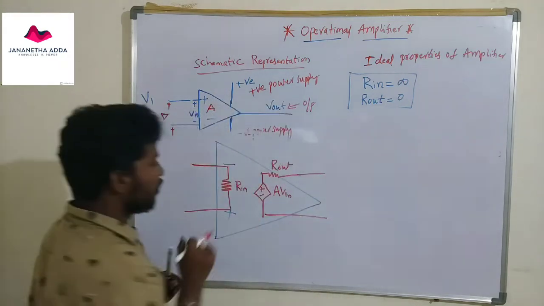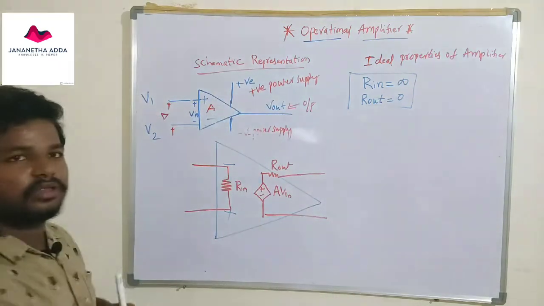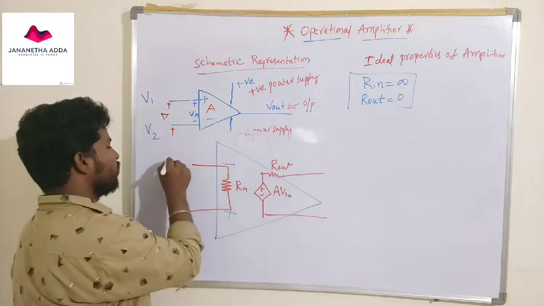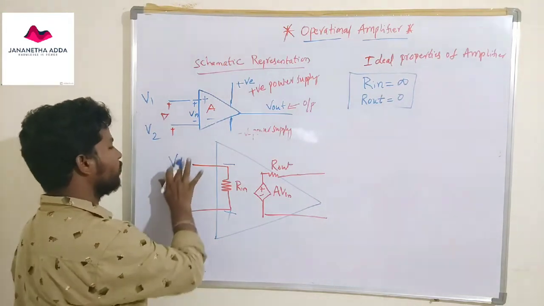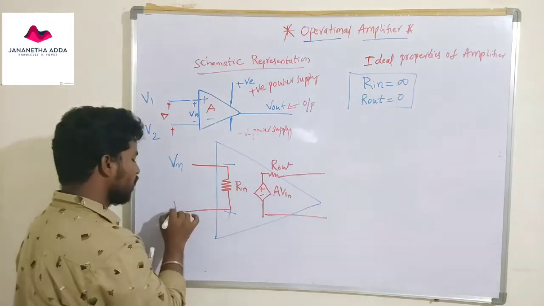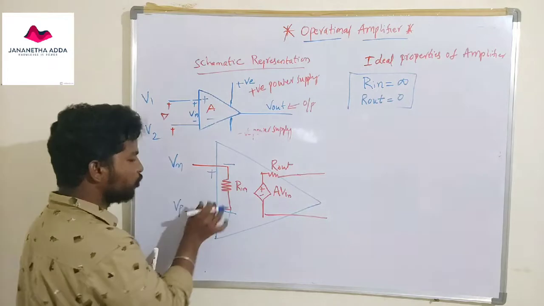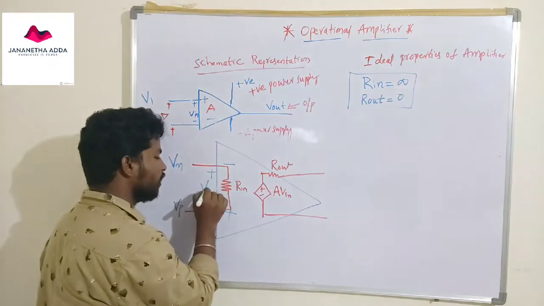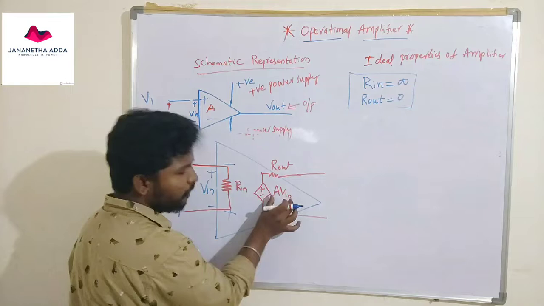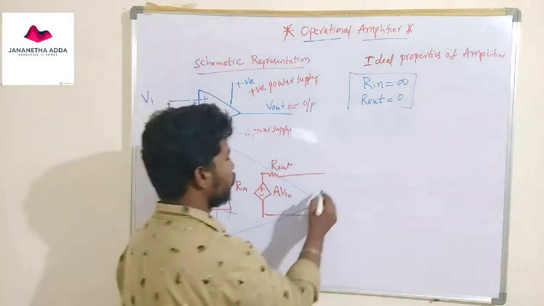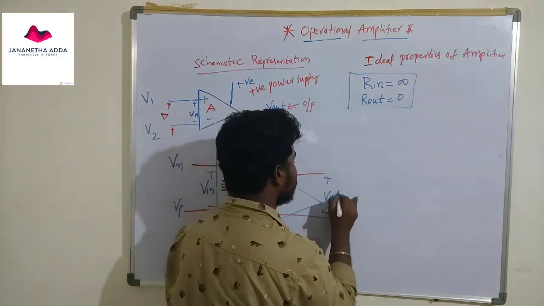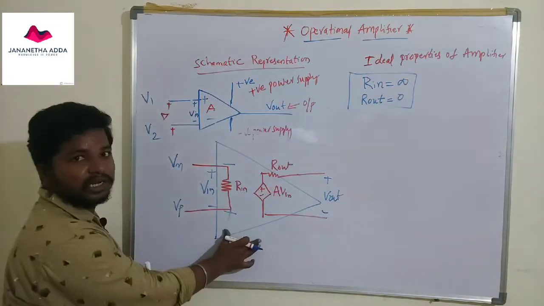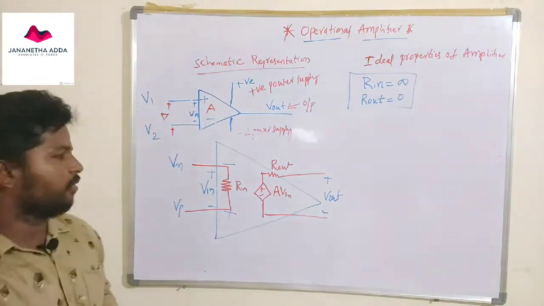This takes the differential input Vin, amplifies it, and produces our output. This is our electrical representation of the operational amplifier.